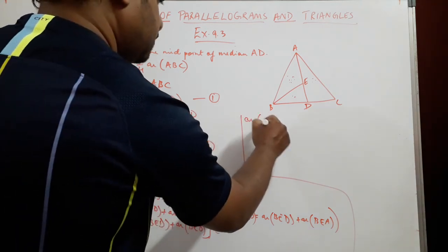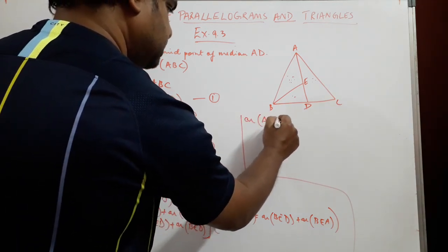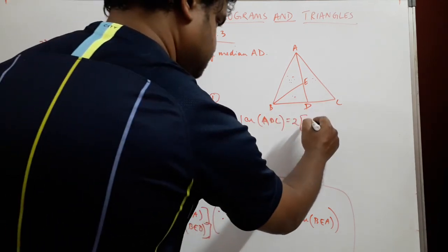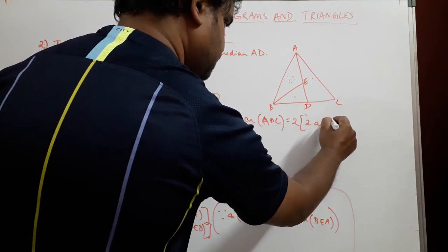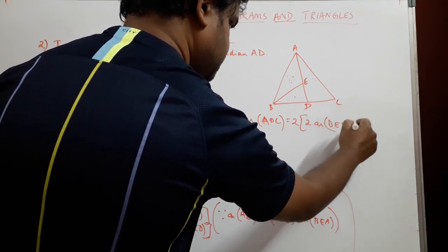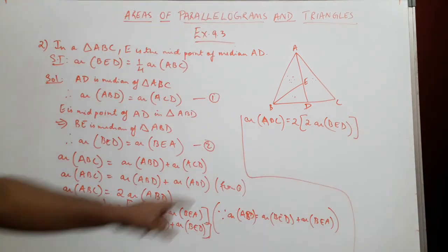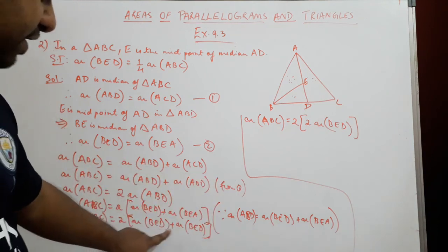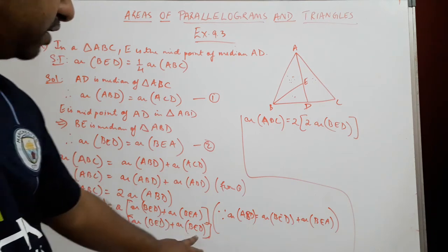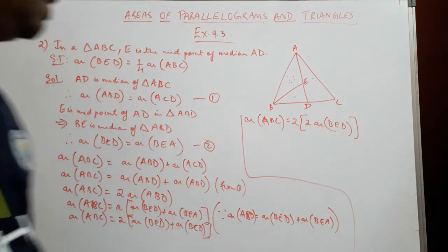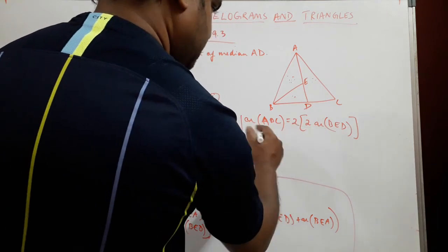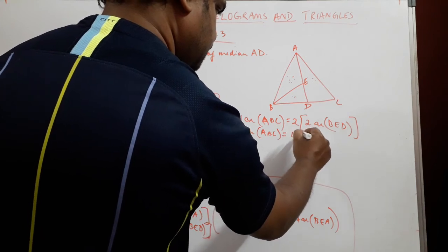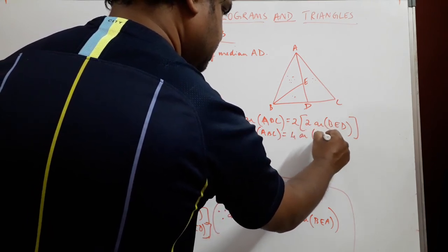So area of triangle ABC can be written as 2 times 2 area of BED, right? This 2 came from outside, and because we added BED twice, 1 and 1 gives us 2, so 2 times area of BED. Now all we need to do is multiply 2 into 2, we get 4. So area of triangle ABC is equal to 4 times area of triangle BED.